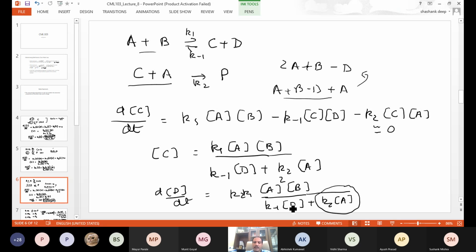Right. The second thing, D is the product. D is not a reactant. So D must be formed one step prior to the rate determining step. This is RDS. You remember this. And the second thing which will also come into the picture is that A must have been involved, since it is a reactant term, in reacting with the intermediate.